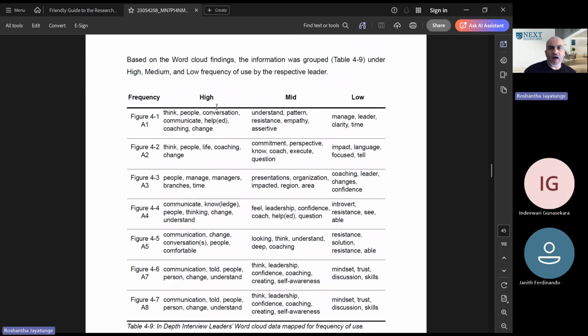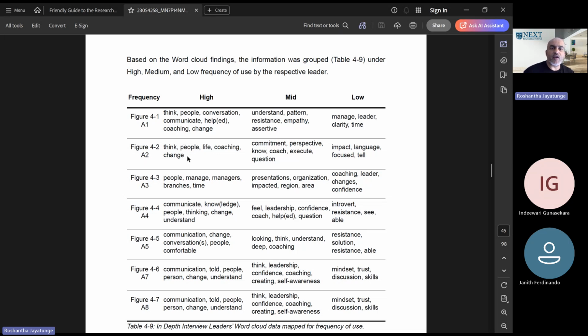In this, these are the high volume of words said. Say, for example, I'm giving a very simple example. Somebody says people. People is said 25 times during the interview. Because of that, I have said that people is a high value, high frequency word for this person, A1.